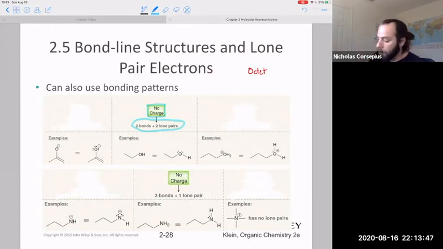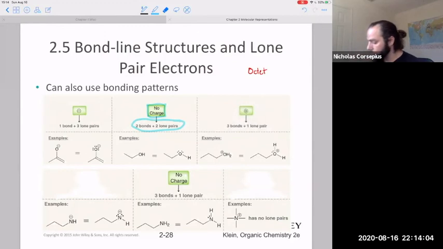Okay. Now, if I remove a bond and instead replace it with a lone pair, such as the example here, that would give me a -1 formal charge. So that's 1 bond and 3 lone pairs. And then we could go the other extreme where we added a bond and took away a lone pair. So an oxygen with 3 bonds and 1 lone pair has a +1 formal charge. All right.